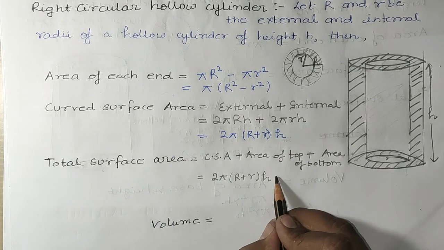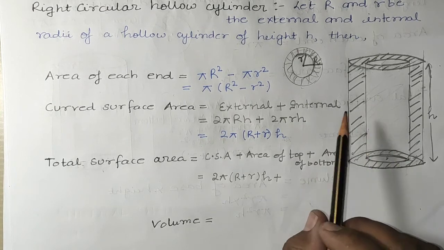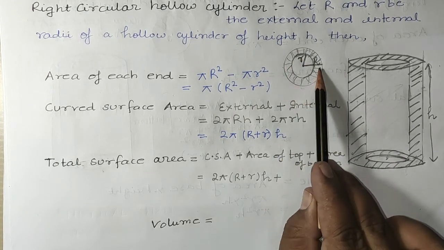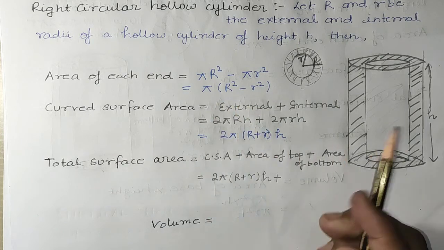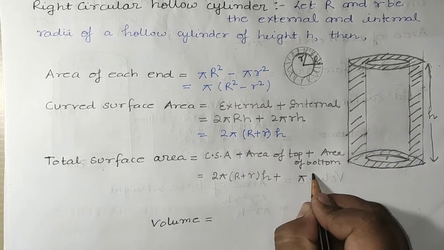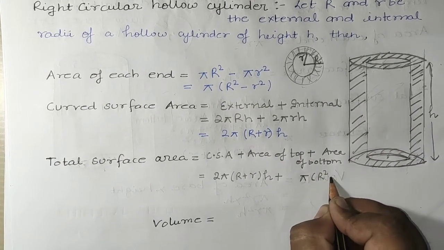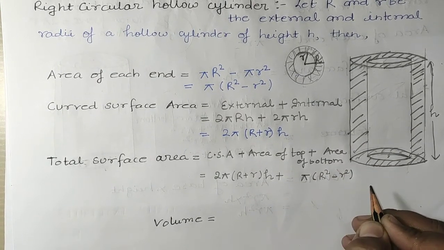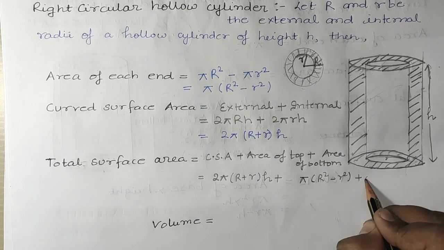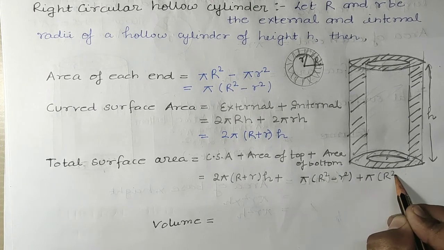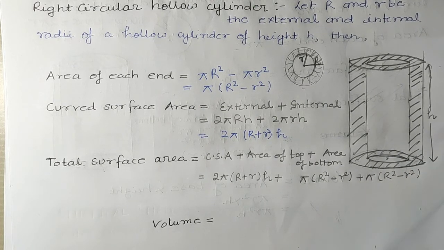What is the area of the top? See, the area of the top is in the form of a ring like this. We have already calculated the area of each end as pi R square minus r square, and the same will be the area of its bottom, that is pi R square minus r square.